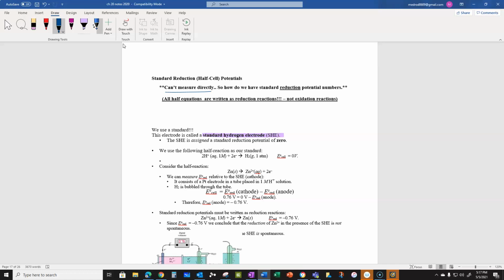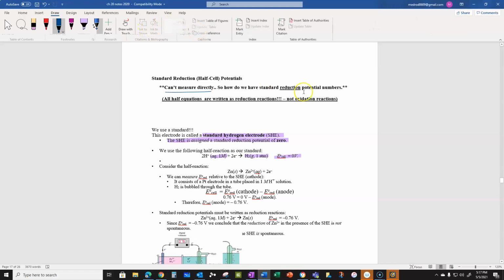Well, the standard hydrogen electrode, the potential that they assigned it was 0. So when they first were doing experiments, they took ions of hydrogen in an aqueous 1 molarity solution, gave it some electrons, and then they made diatomic hydrogen gas. Well, that value is 0.